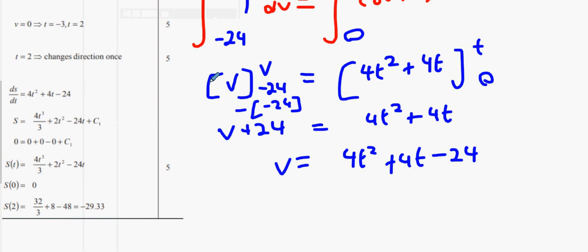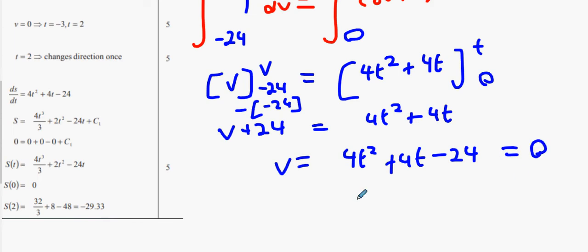You're basically looking for turning points. Is that okay? Not necessarily turning points. You're looking for when the v value equals 0. V equals 0.